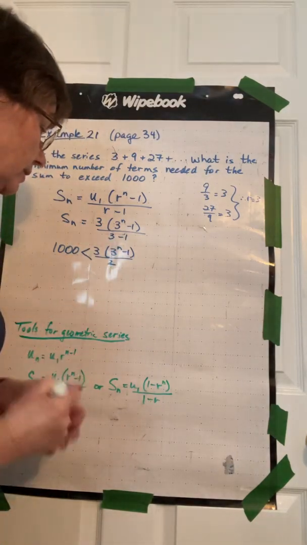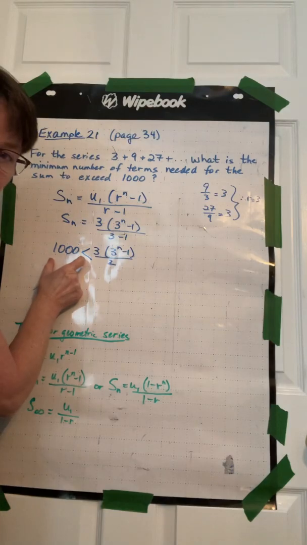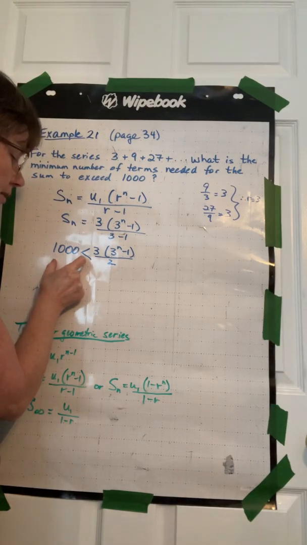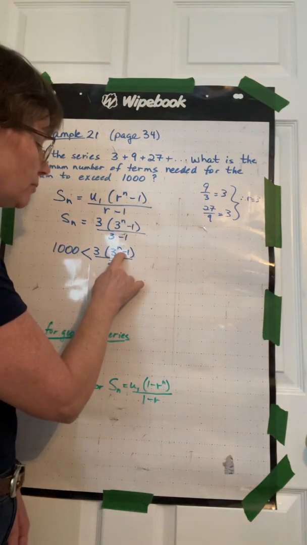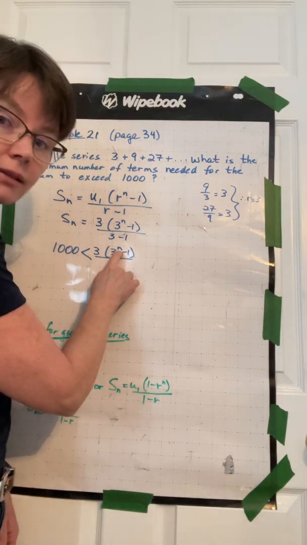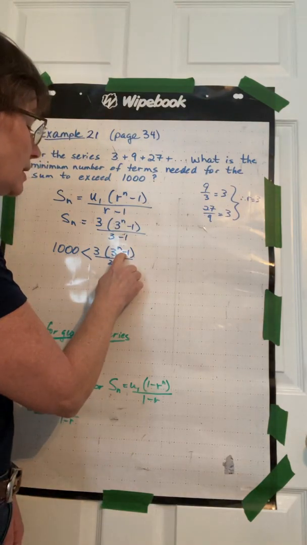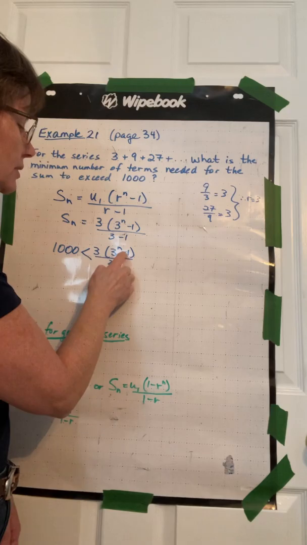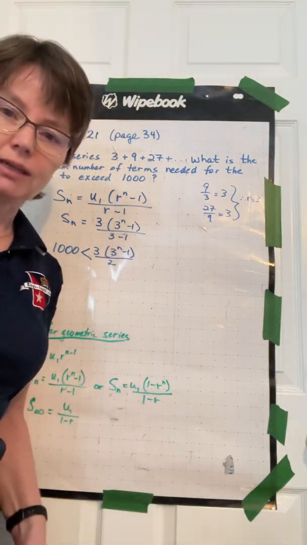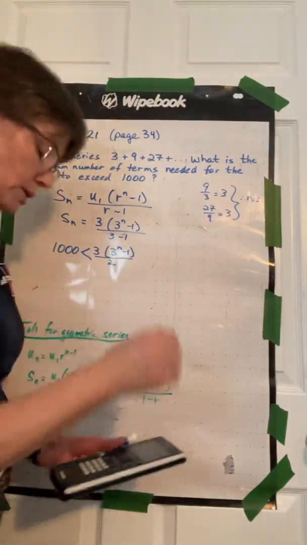On your graphing calculator, you can graph this side of the equation. If y1 equals 1,000, you can graph this side of the equation. When you do that, be careful. Make sure that you use an x instead of an n on your graphing calculator, and you use your cursor to move over so that this minus 1 doesn't stay up in the exponent. It's not part of the exponent, is it?